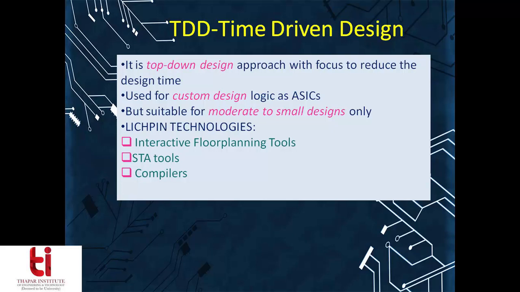Then there were the static timing analysis tools for estimating the timing. Okay. And then the compilers were used for moving the design to a higher level of abstraction with timing predictability. So the role of the compilers, the role of the software, was increasing in the hardware designs.